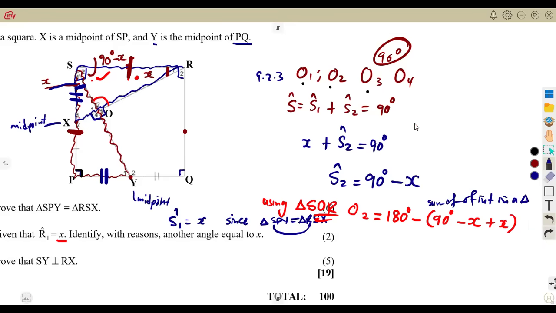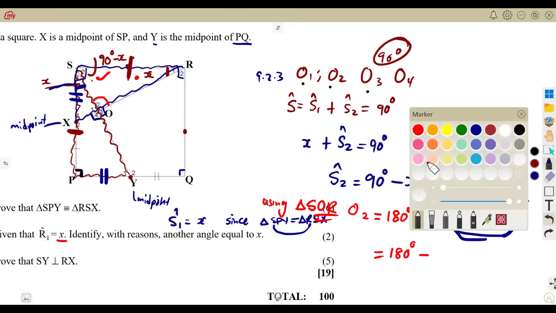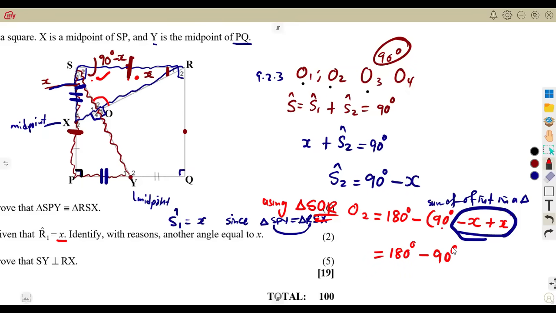So by subtracting from 180, we obtain angle O2. That's 180 minus 90 minus X plus X, the X cancels, so we remain with 90 degrees. So 180 minus 90 is 90 degrees. As we can see, guys, O2 is equal to 90 degrees.